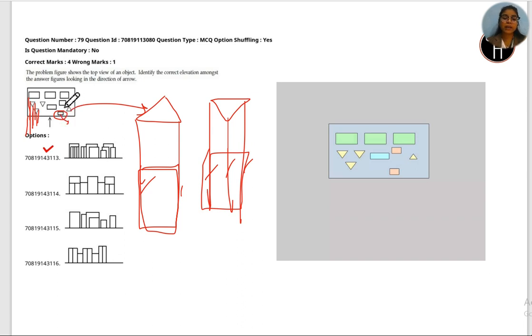But this one is placed at the back, so it might be possible that this block at the back is of less height, and the block at the front is of more height. So it is not possible that you will see all the lines of the back block, because it might be of less height than the block at the front. But for the front one, you will get to see all the lines, while at the back, it might be possible that not all lines will be visible due to the difference in their height.